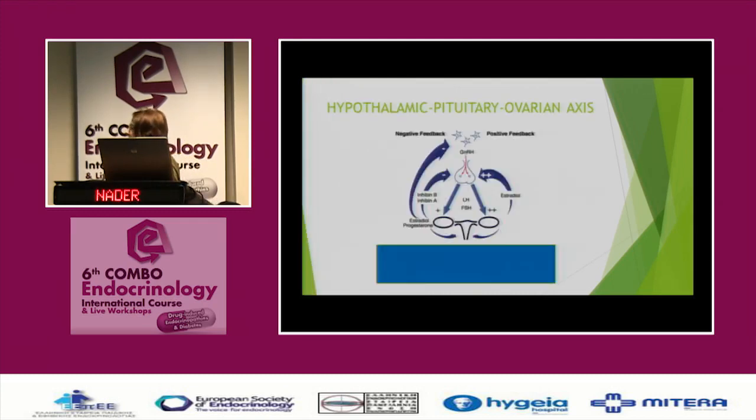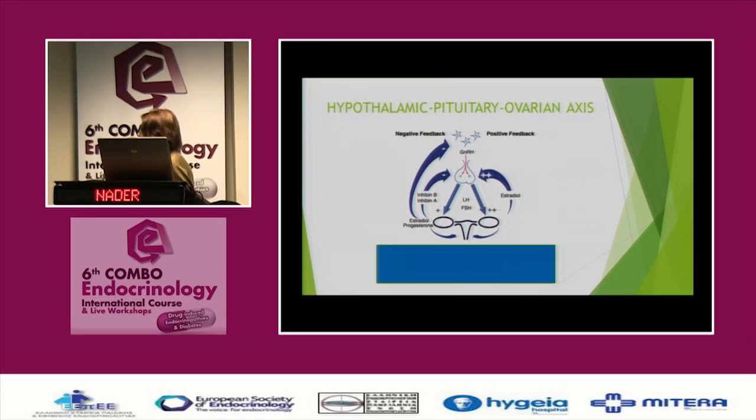Just a very quick review of the hypothalamic pituitary ovarian axis. As you know, GnRH is produced by the hypothalamus, brings about the release of the two gonadotropins LH and FSH. These stimulate the ovary not only to produce hormones, but also to develop the mature, ripe Graafian follicle, which is ovulated, as I'll show you on the next slide.